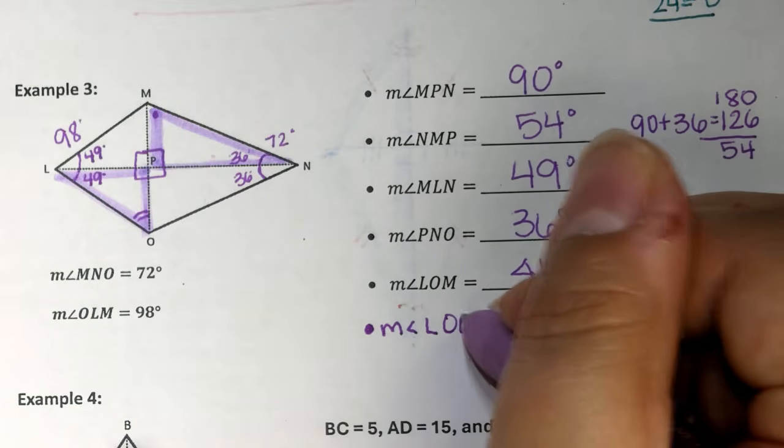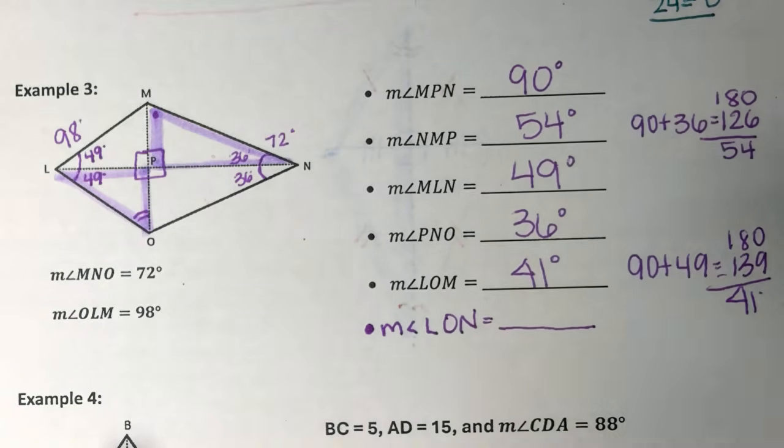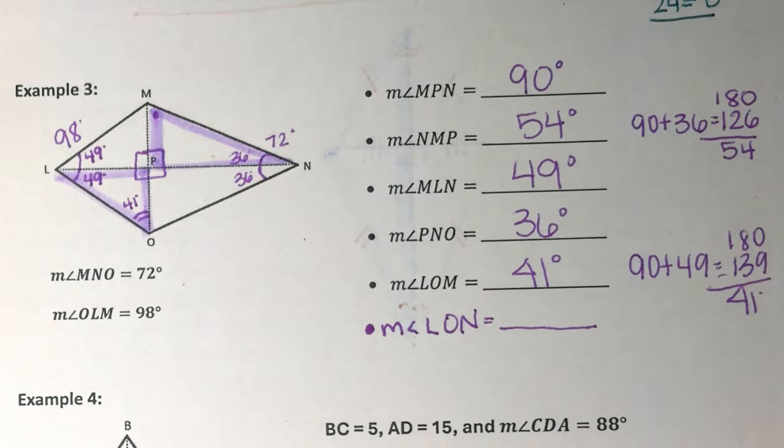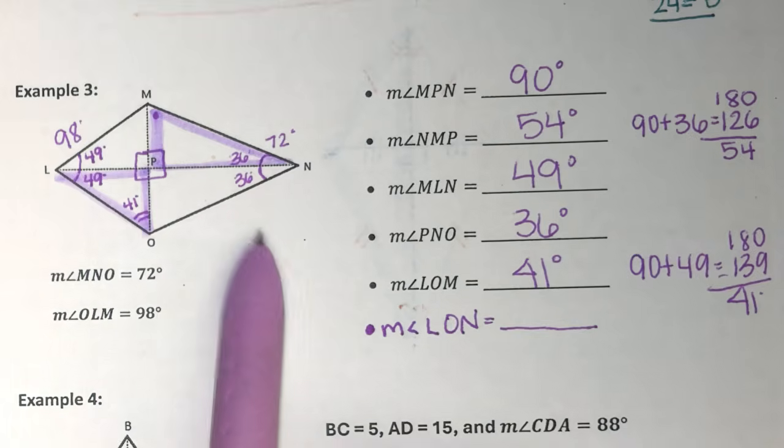What is LON equal? If we just got 41 degrees right there, what is LON? 41 plus 54? Is it 41 plus 54 or is it 41 plus 41? Wait, because they don't before. They're separate triangles, right? They do not bisect. Is this the same triangle as this one over here? No. So this is not.